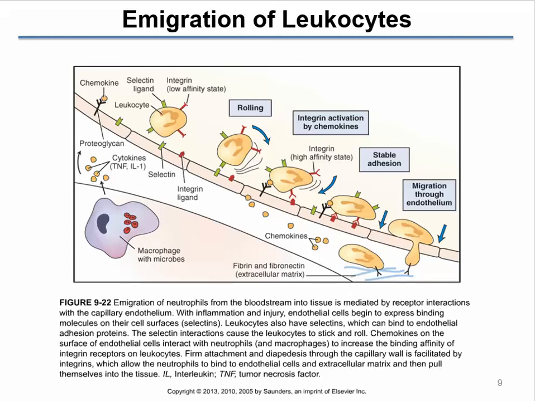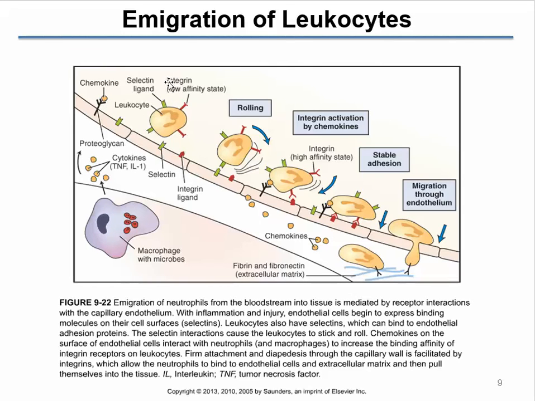Okay, so this is just a chart looking at the whole process of emigration. Please, I don't want you to worry about the biochemistry of all this, but mostly just the process. So what happens is the inflammation in the tissue. This is the tissue area here. This is inside the blood vessel. The inflammatory chemicals trigger a whole series of events.